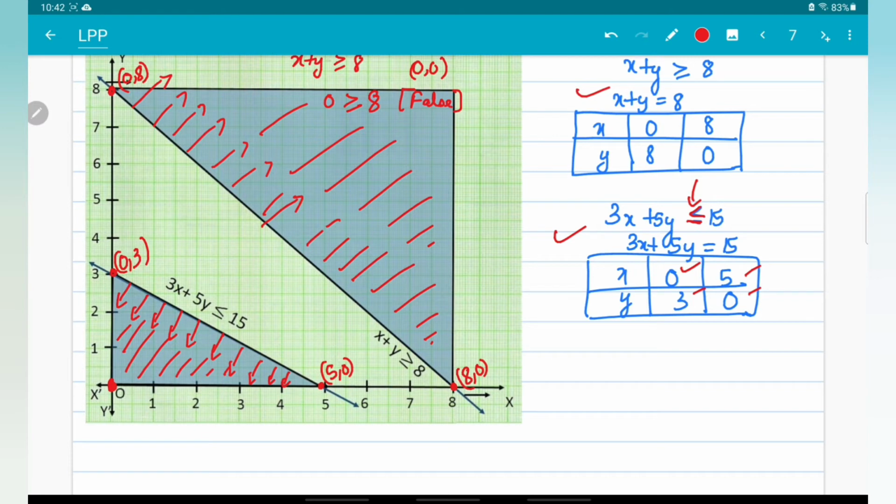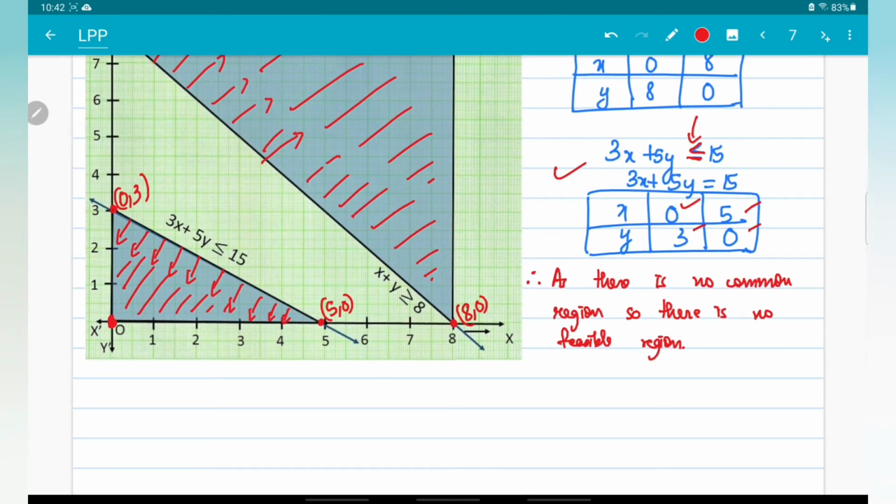Since there is no common shaded region between these two, for the conclusion you can write that there is no common region, so there is no feasible region.